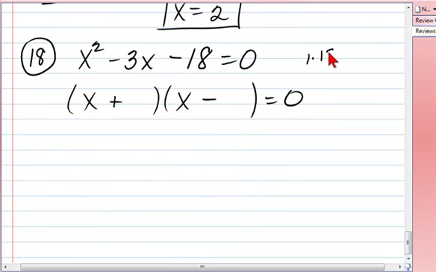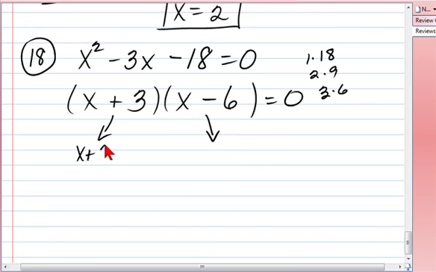So it can't be 1 and 18. It can't be 2 and 9. But how about 3 and 6? Yes. And I'll put the 6 with the negative, the 3 with the positive. Because this is an equation, I continue. That means that x plus 3 equals 0 or x minus 6 equals 0.